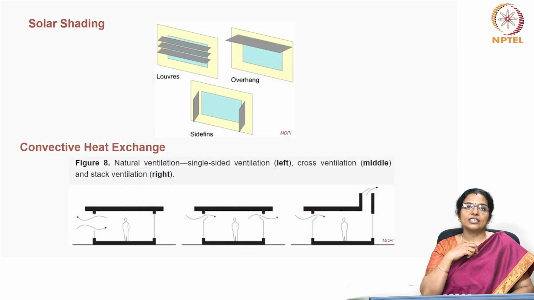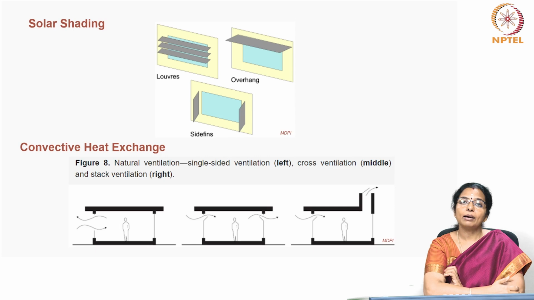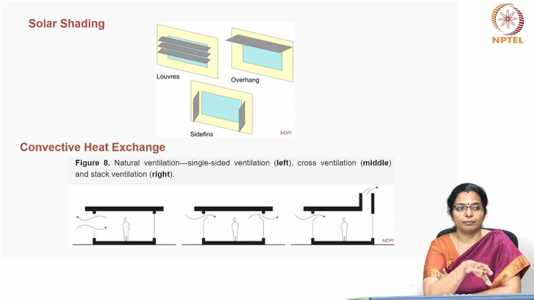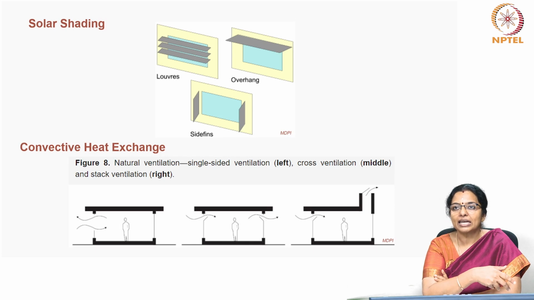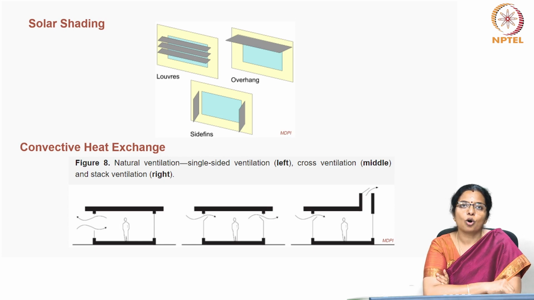The next strategy is solar shading. So solar shading systems play a crucial role in preventing overheating within buildings by blocking the solar radiation. They prevent the solar radiation from hitting the window or the wall. They can be implemented through various means such as building design, vegetation, or specialized shading devices. These devices are categorized as fixed or movable.